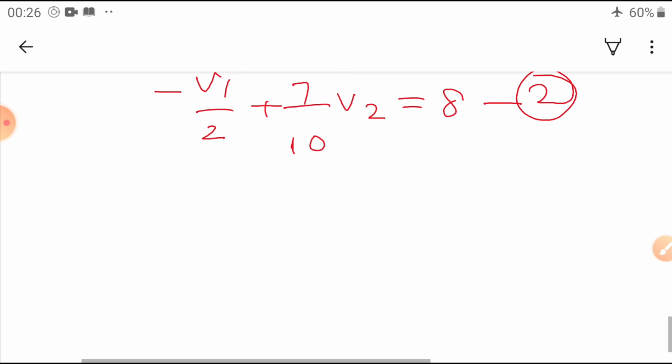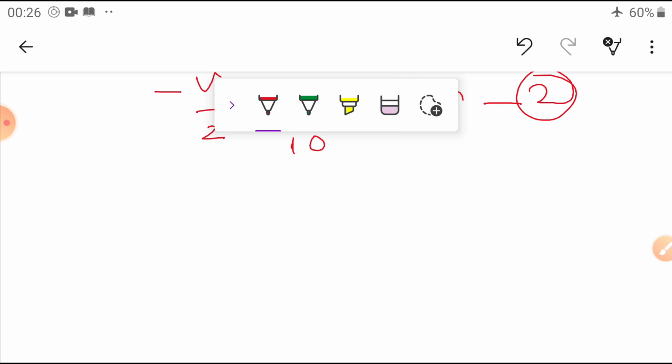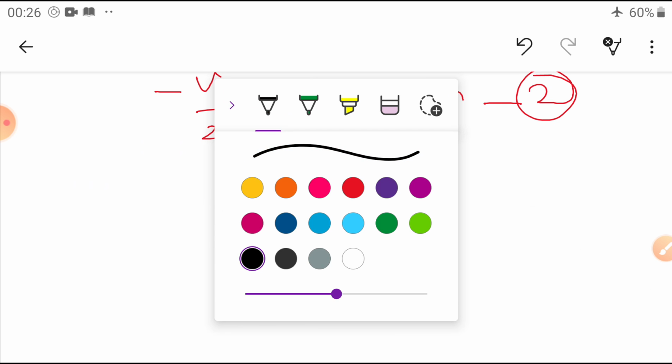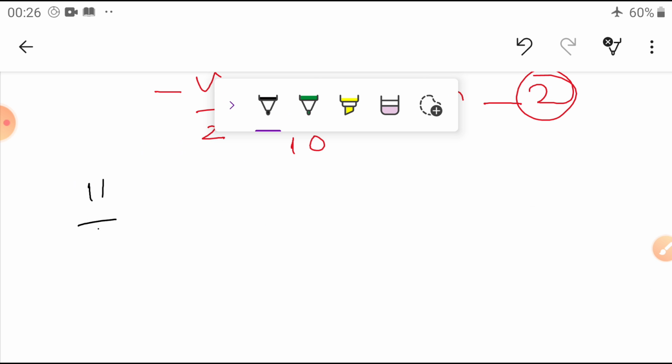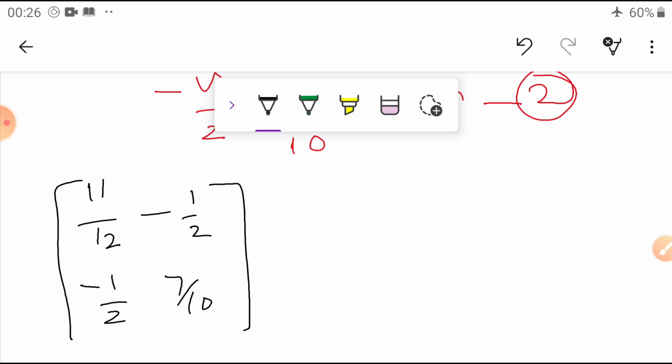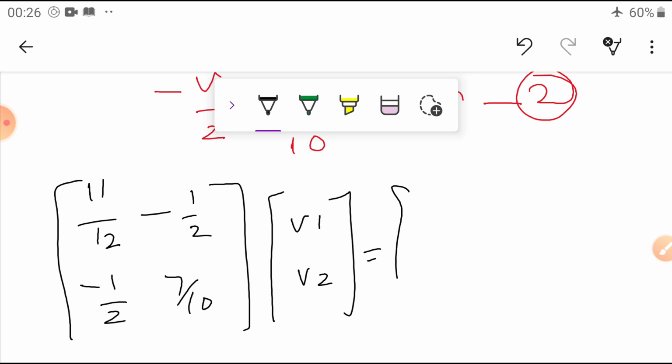Simply writing the matrix form, we get 11 by 12, minus 1 by 2, and minus 1 by 2, 7 by 10, times the unknowns V1, V2, equal to 12, 8. It is a simple matrix; you are very familiar with calculating V1 and V2 because the other values are known. Then we get the result by simplification.